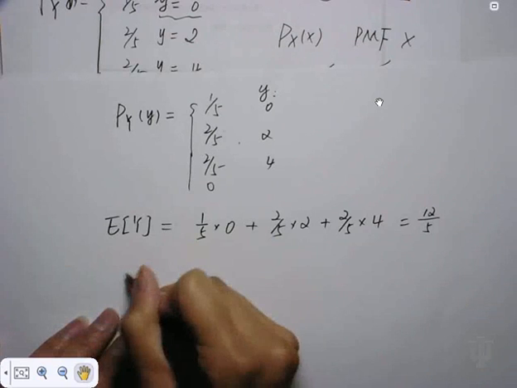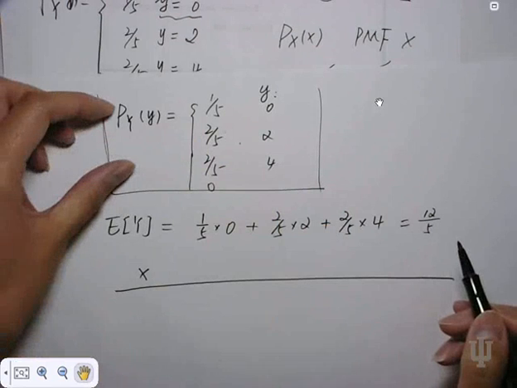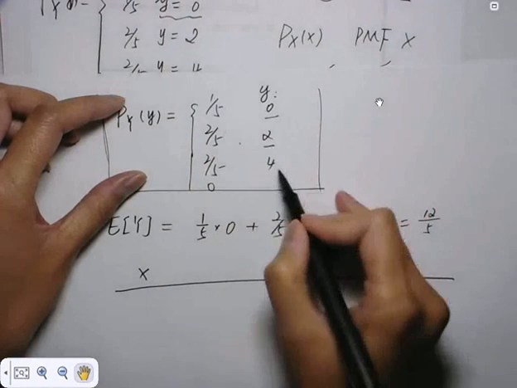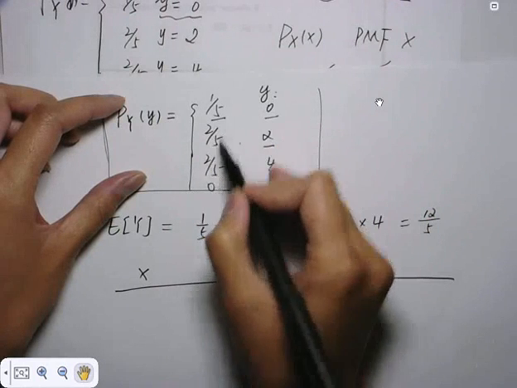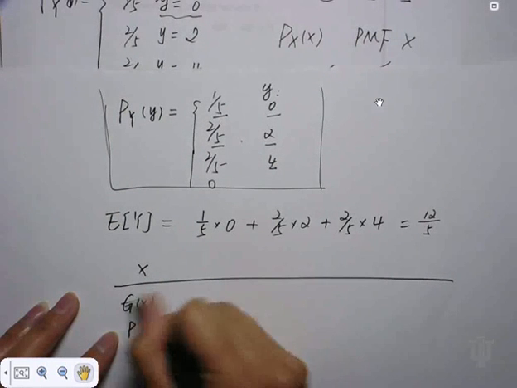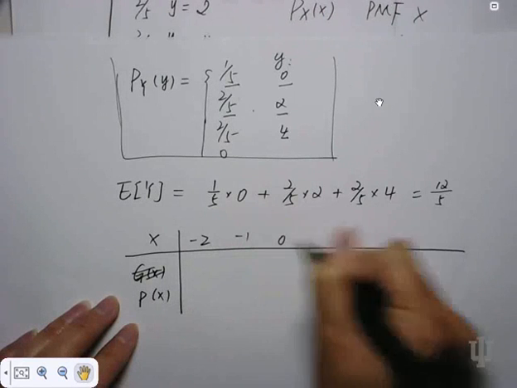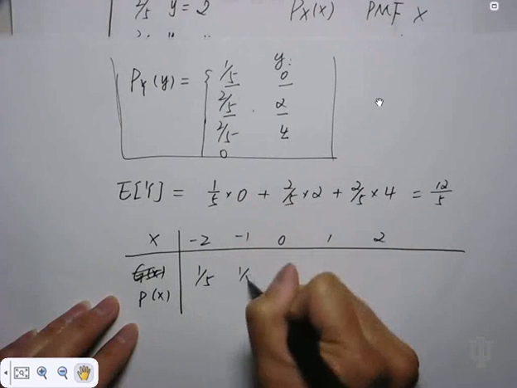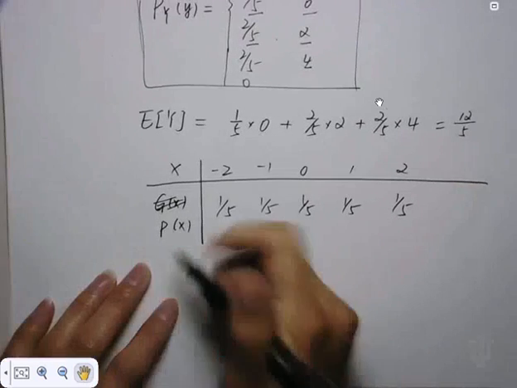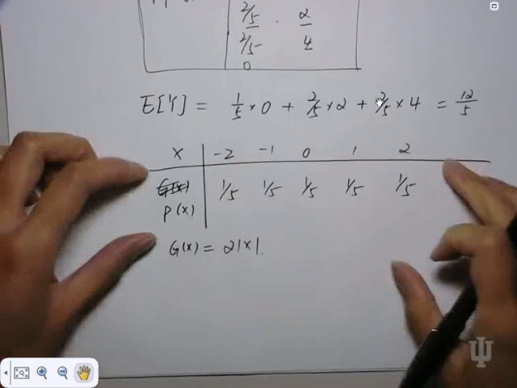Okay, so if you don't know this, or somehow you just don't want to calculate this out, you don't want to list each possible value of y and the probability for that from this information.